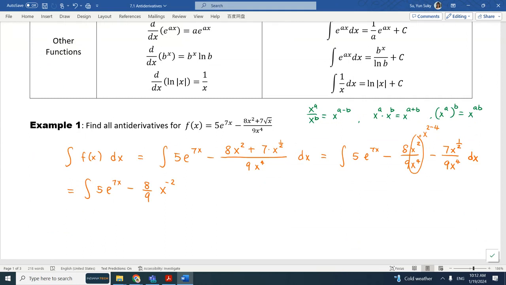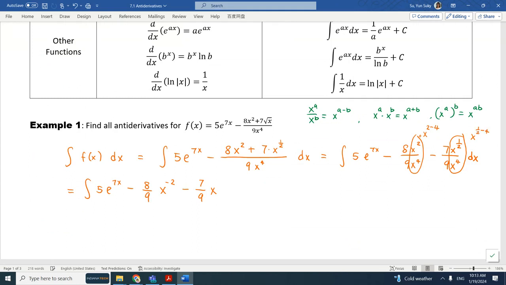How about the next term? What's the coefficient? The number in front is negative 7 over 9. But how many x? This is x to the 1/2 minus 4.